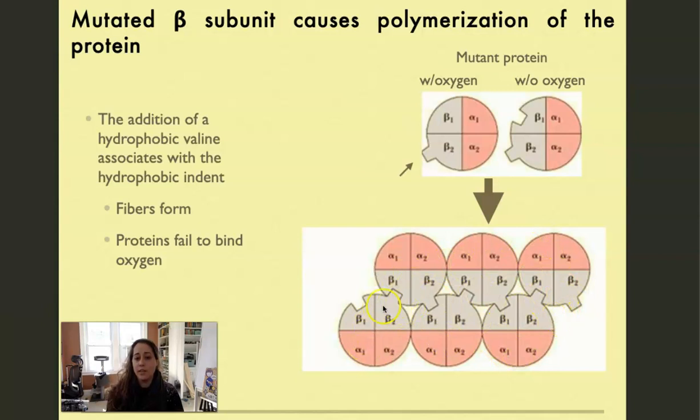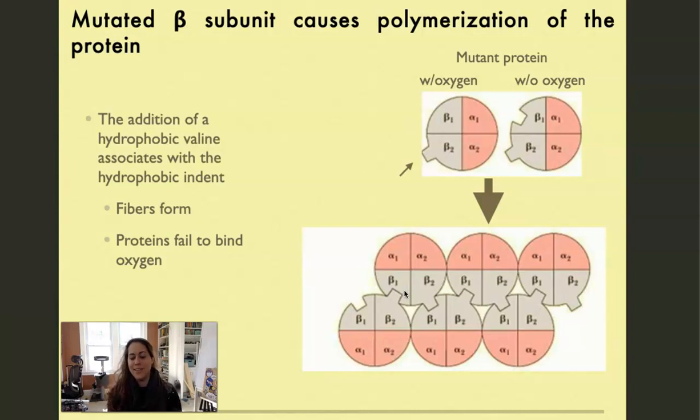So this is the hydrophobic protrusion, and it associates with the hydrophobic pocket of another hemoglobin molecule. Again, because what's the rule for hydrophobic interactions? They want to reduce interactions with hydrophilic materials. Inside of the cell is filled with water, which means that it's hydrophilic.